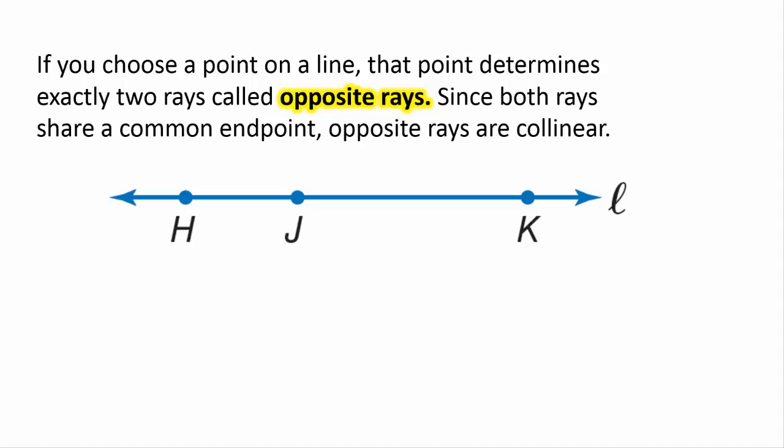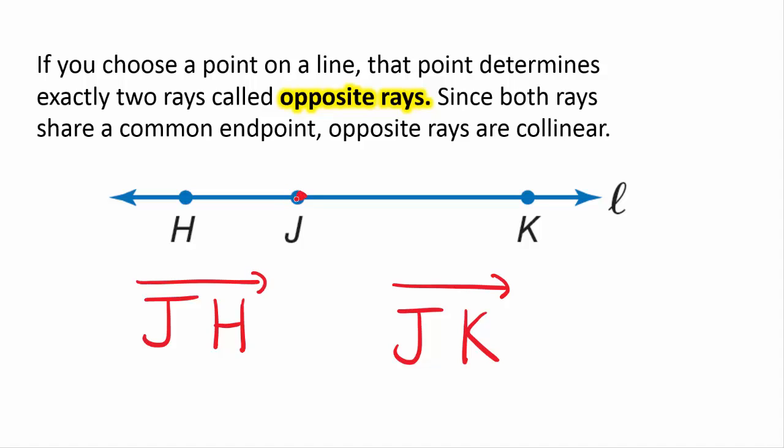If you choose a point on a line, that point determines exactly two rays called opposite rays. Since both rays share a common endpoint, opposite rays are collinear. So if we're looking at this figure, line L, it's got 3 points, H, J, and K. It's got two rays, one ray named JK and the other one JH.